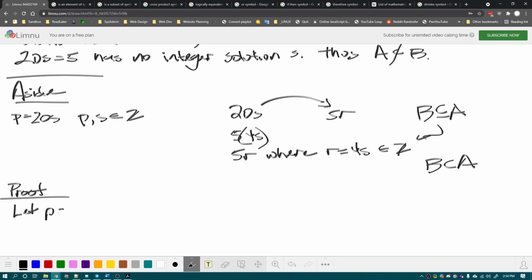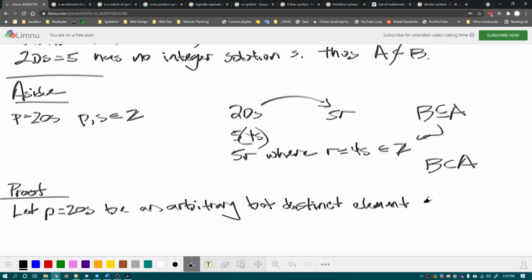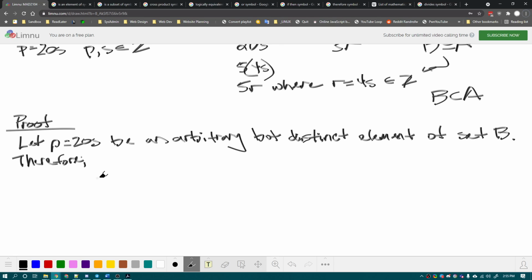Let P equal 20s be an arbitrary but distinct element of set B. Therefore, P equals 20s, which is equal to 5 times 4s, which is equal to 5 times r, where r equals 4s is some integer.